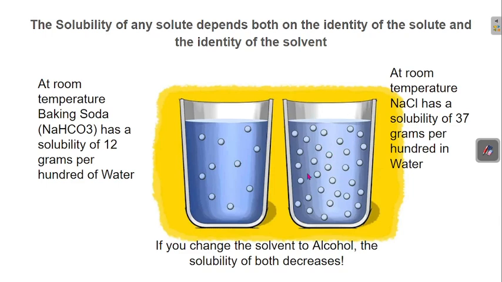So there's a higher solubility for salt than for baking soda. It can hold more salt per 100 grams of water. Now, if you change the solvent, so it's not water anymore, you have alcohol, the solubility of each will decrease. The amount of the solute you can put in that alcohol decreases. So solubility has to do with both the solute and the solvent, the attraction between the two of them. That should make sense.